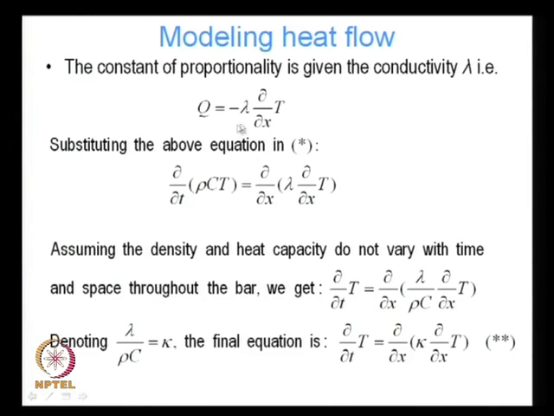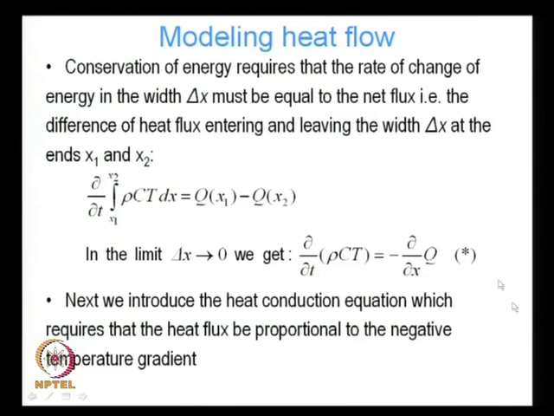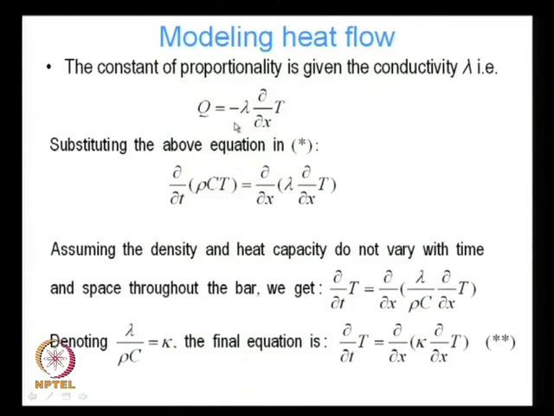Then I go ahead and substitute this in the equation I got from energy conservation. I substitute del q del x in terms of lambda del T del x, and once I do that I get an equation like this. Then I assume that density and heat capacity do not vary, not always true, but for the sake of simplicity let me assume that the density and heat capacity do not vary with time and space throughout the bar.